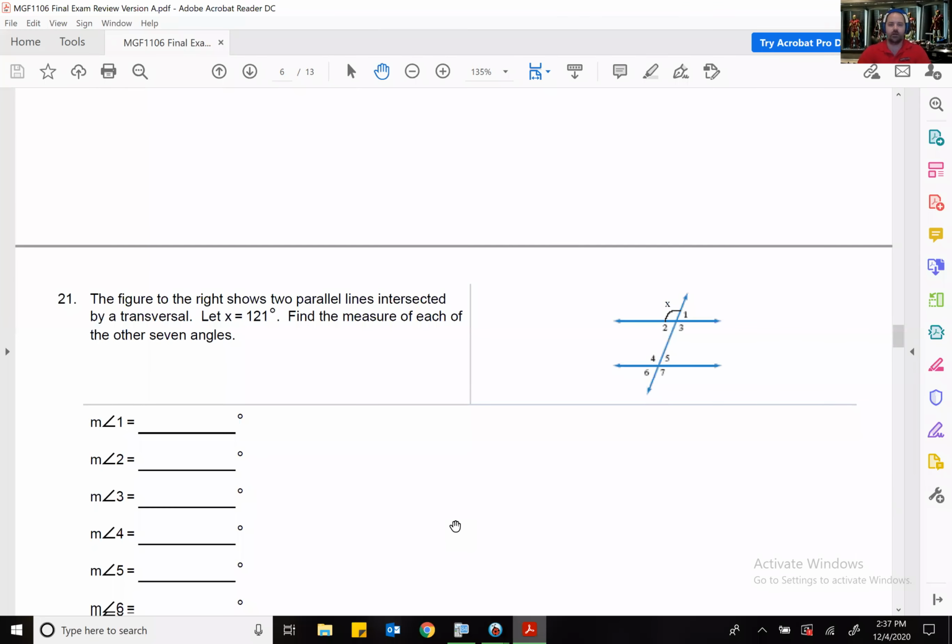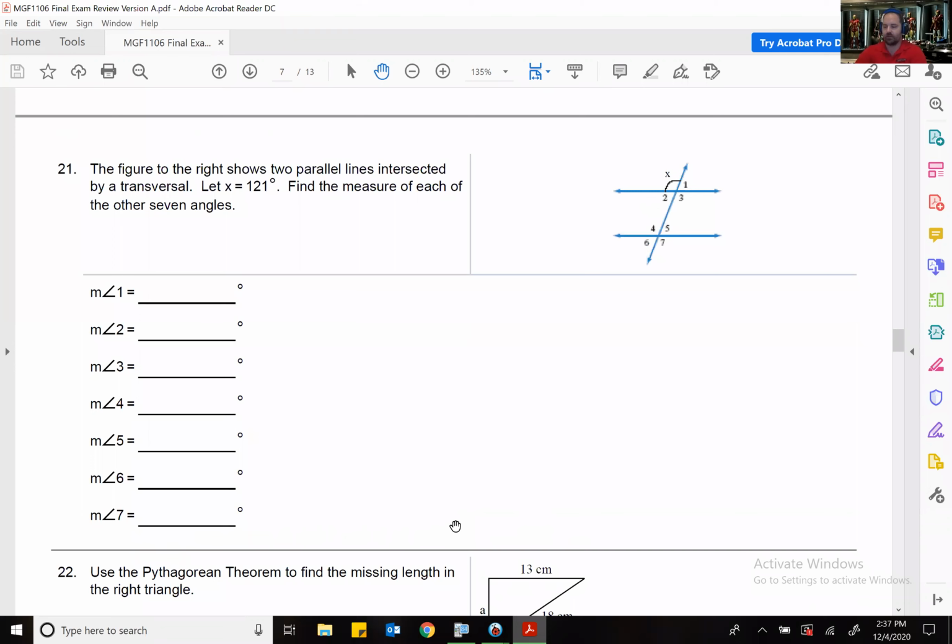All right. I love parallel lines. So we got X up here, and then 1, 2, 3, 4, 5, 6, 7.